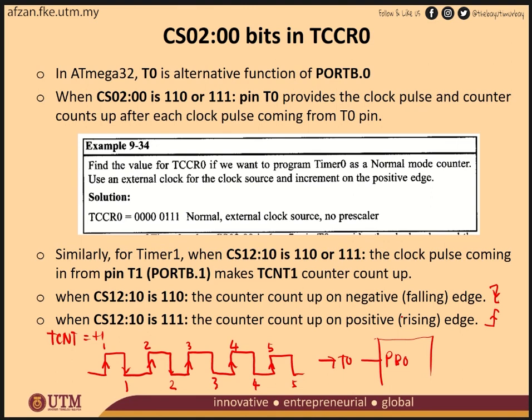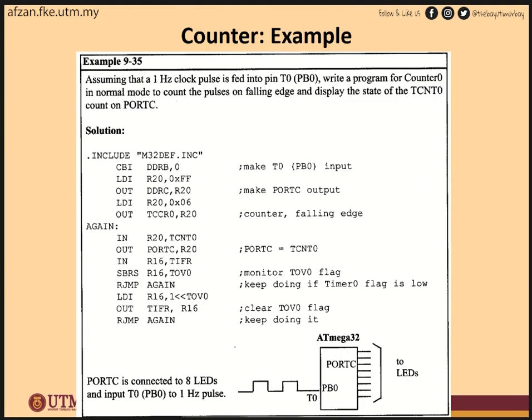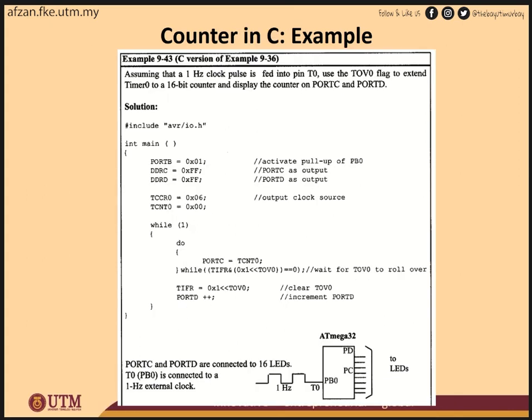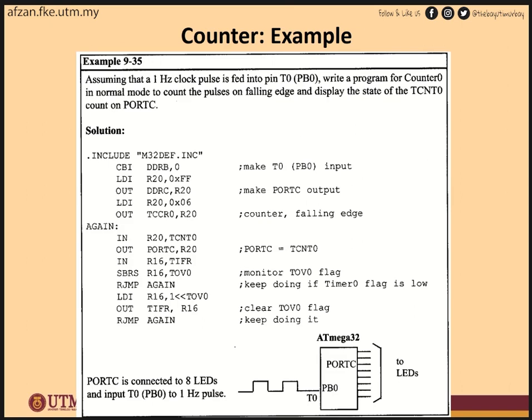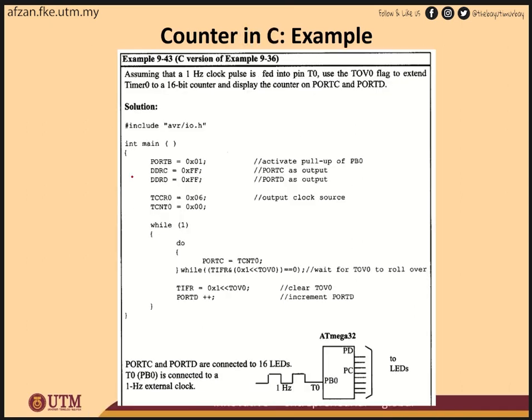Let's look at the question here. This example is written in assembly language, but I don't want to go through it in assembly language. This is example 5, 9-35 equal to 9-43. Assume that a 1 Hz clock pulse is fed into pin T0, which is your PB0.